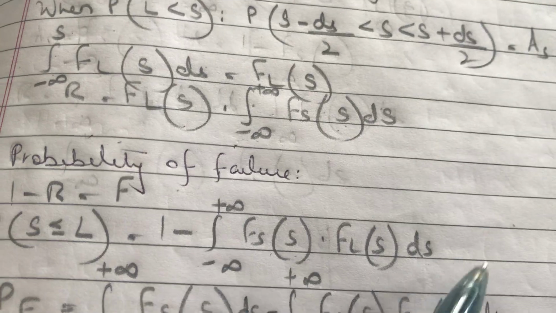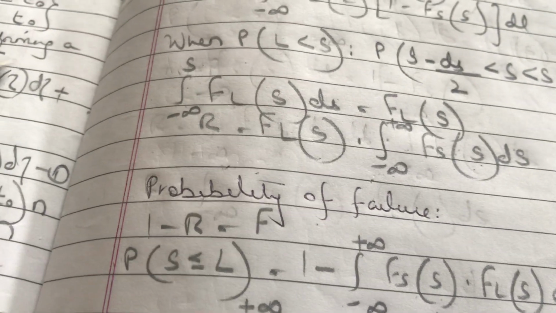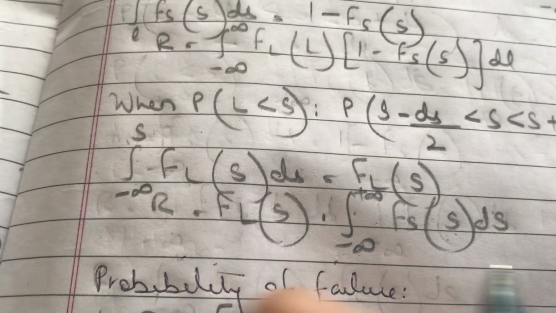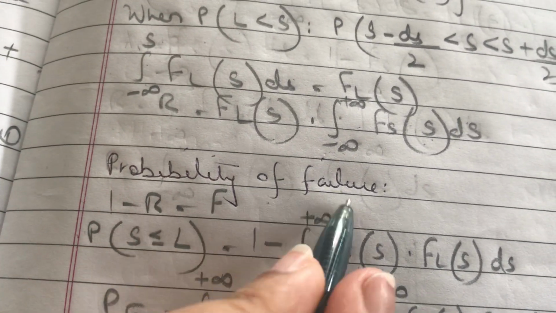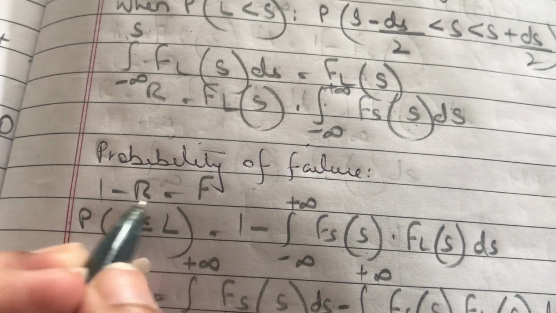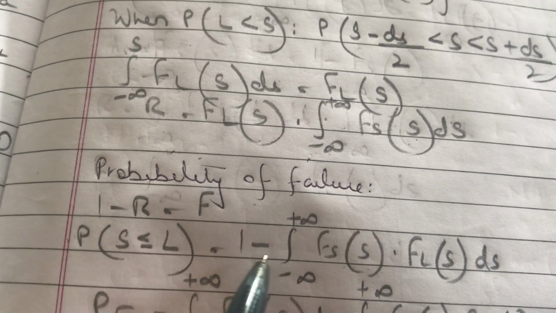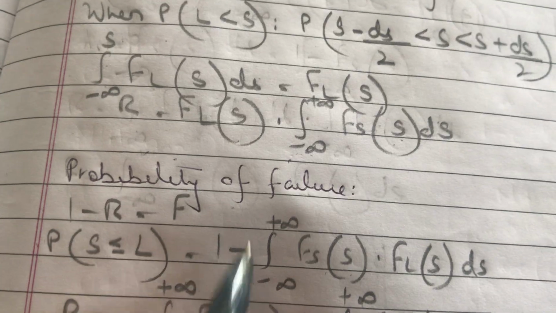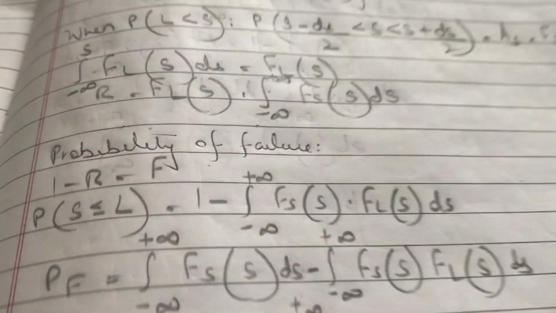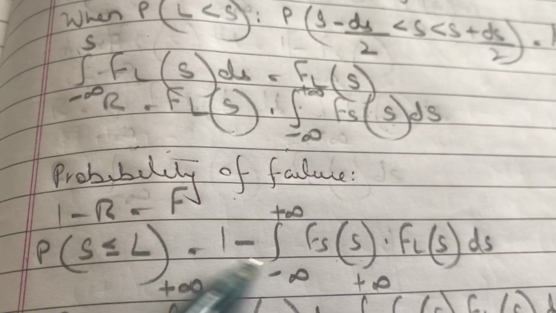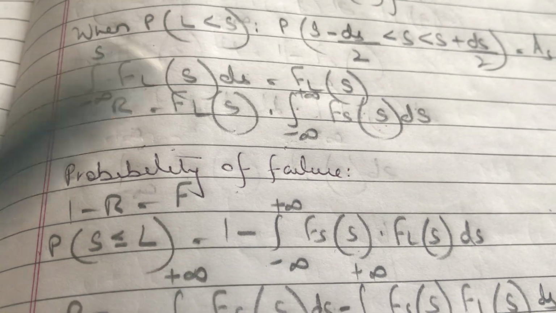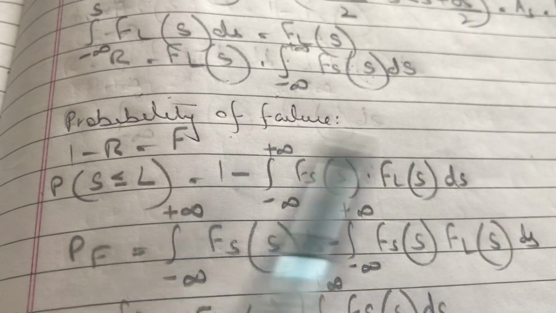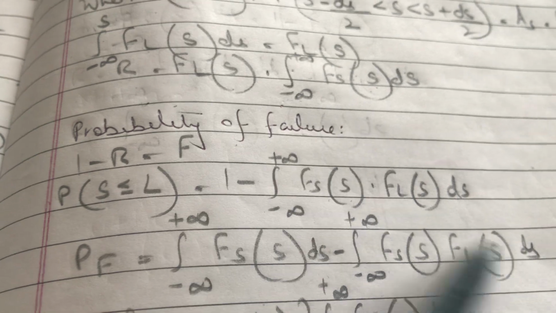We are just taking over this equation, because you know this is the final R that we got. Here we are talking about the probability of failure, the function that is not reliable, so that's why this minus is being added here. That's all, nothing complicated, nothing different is happening. It's just a simple scenario.